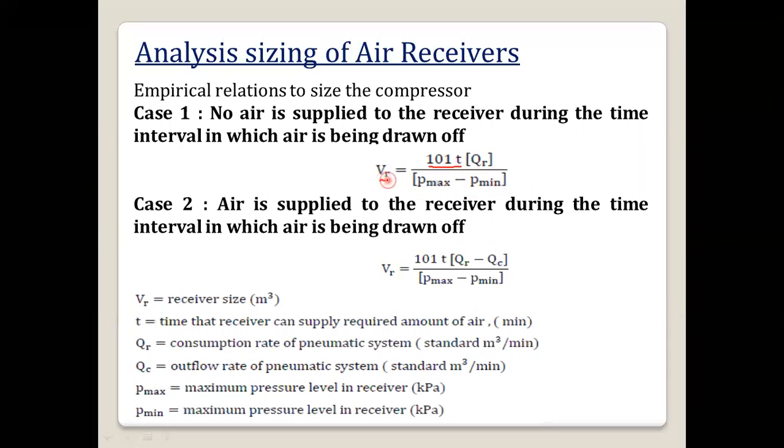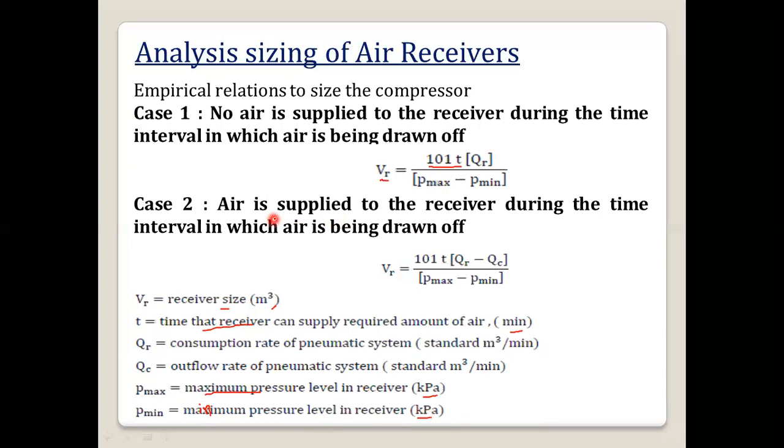VR is the receiver size in meter cube. T is the time that the receiver can supply the required amount of air, in minutes. P max is the maximum pressure level and P minimum is the minimum pressure level, in kilopascal.